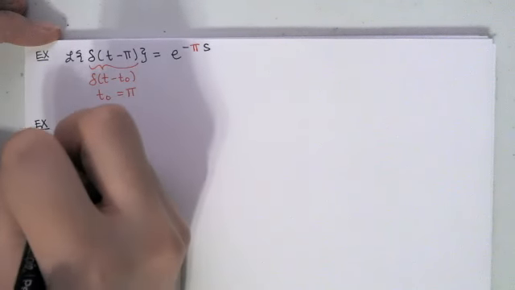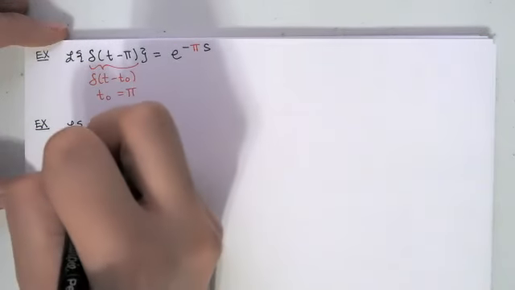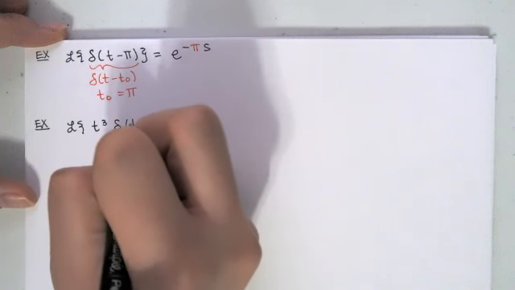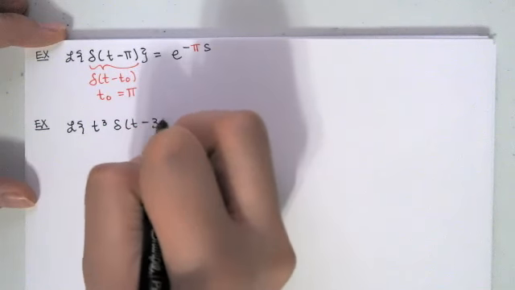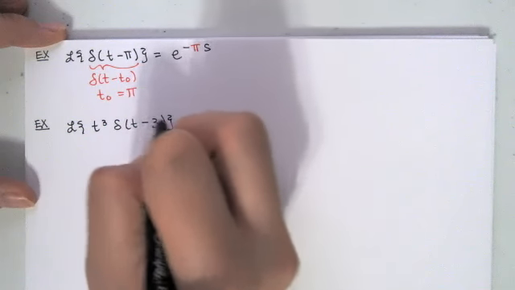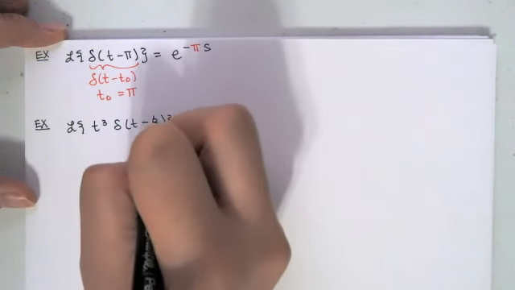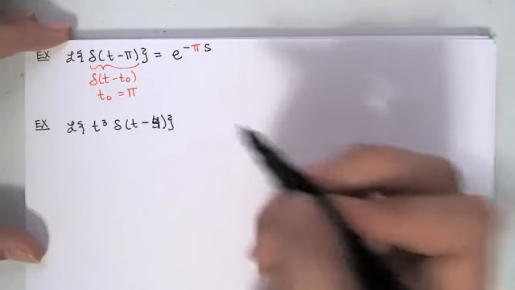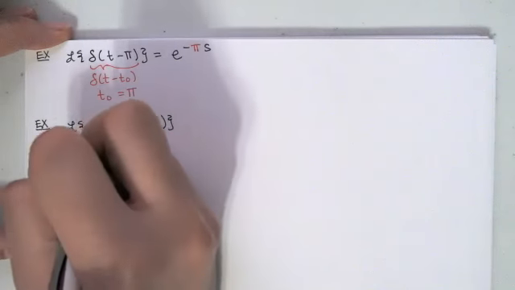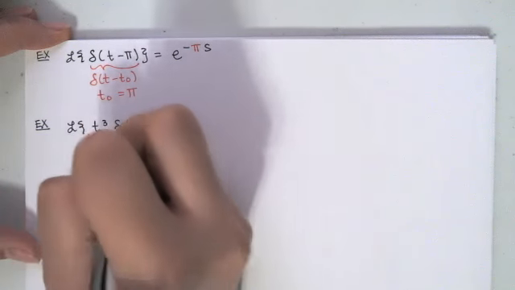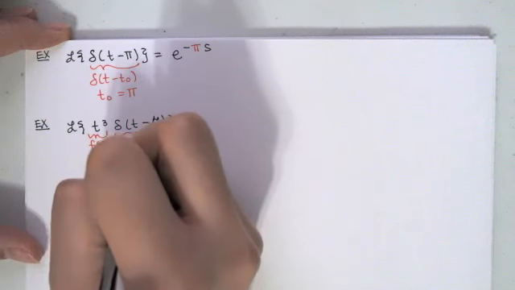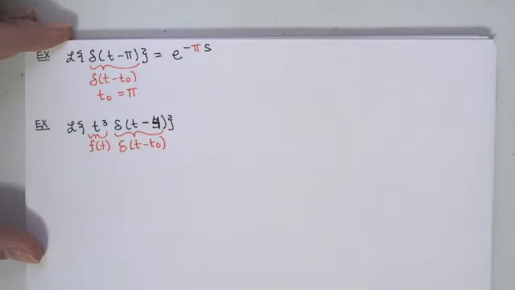Or let's say you've got the Laplace transform of t cubed times Dirac delta at t minus 4. Well, in this case, my f of t is just t cubed, and then I'm multiplying by Dirac delta at t minus t naught.